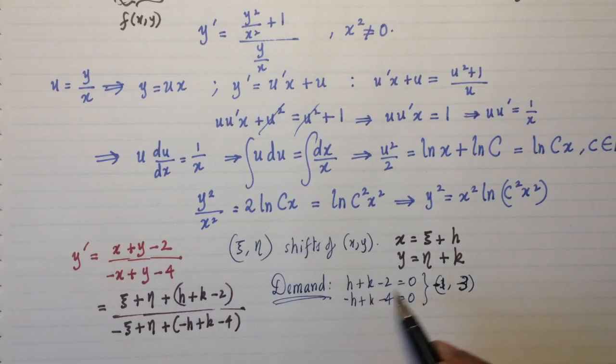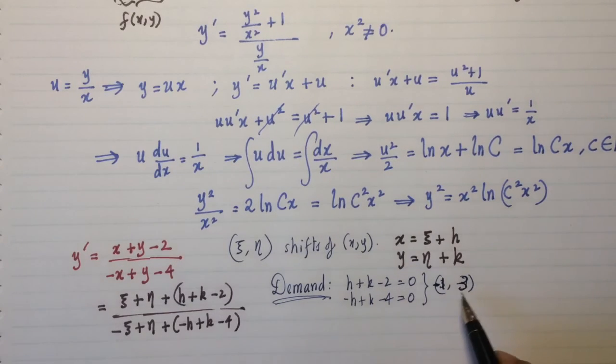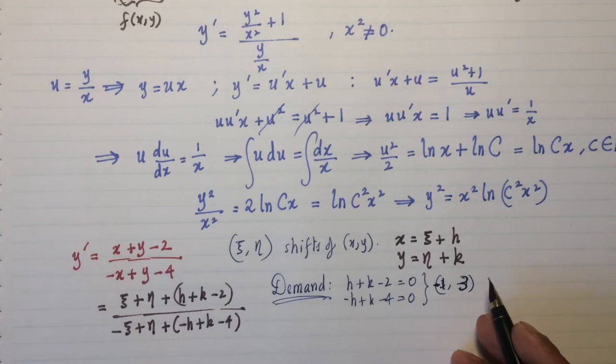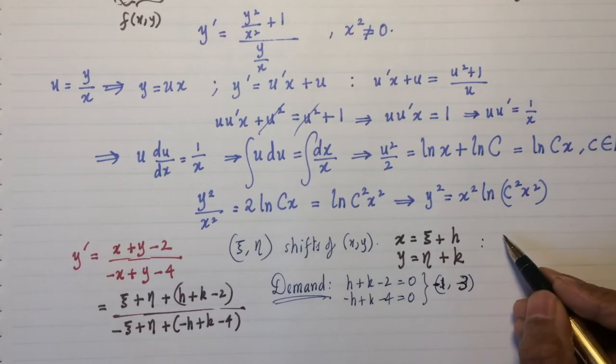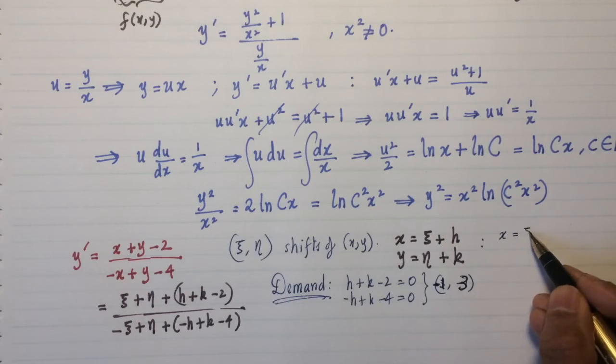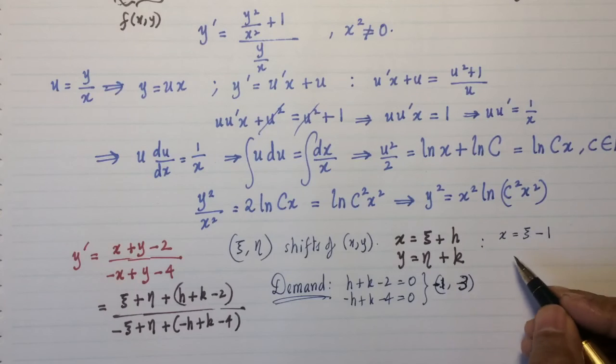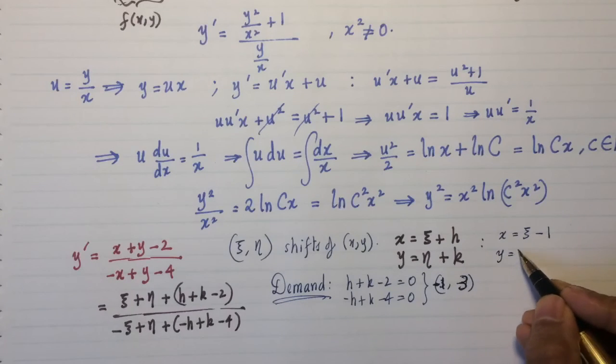So once you have this either by inspection or actually working it out, you've found a coordinate transformation. The coordinate transformation is x equals zeta minus 1 and y equals eta plus 3.